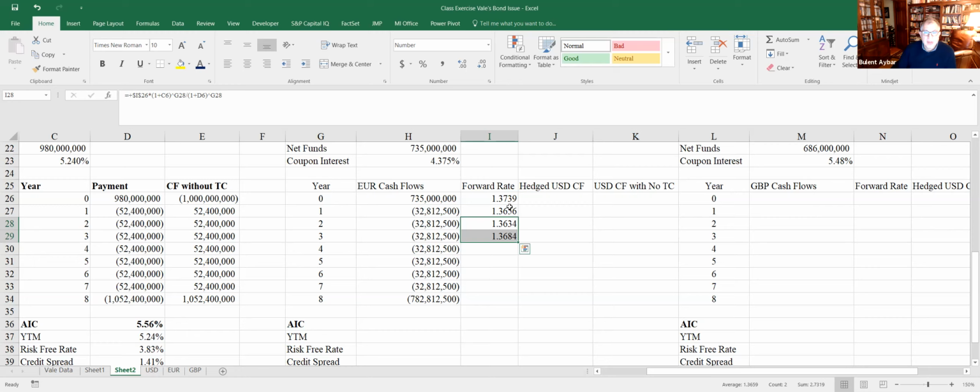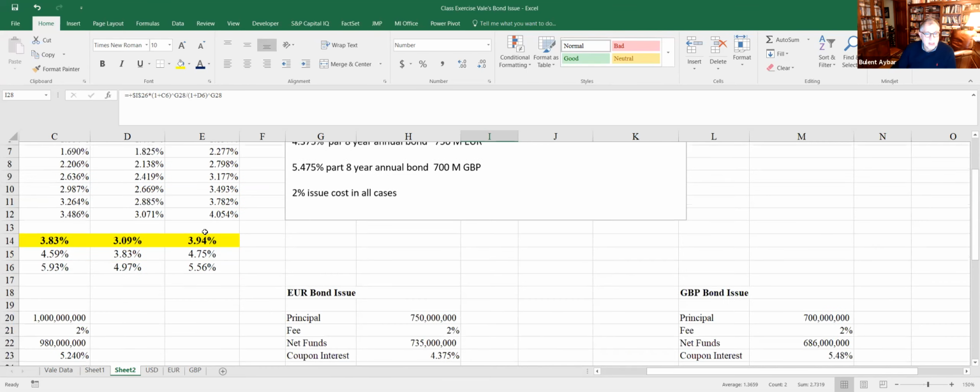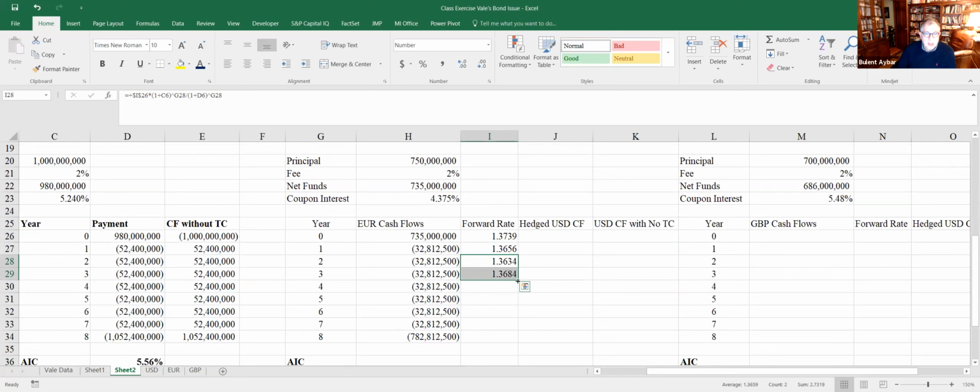And as you can see, initially the interest rate in the US was lower. Actually, it is lower, and then in year 4, US dollar interest rates start to increase, so that dynamic is going to change a little bit.